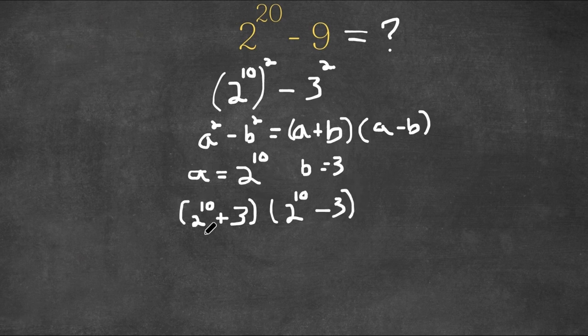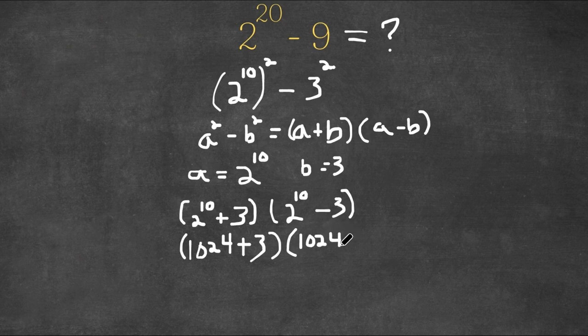Now, 2 to the power of 10 is 1024, and we still have our plus 3, and now we have 1024 minus 3.